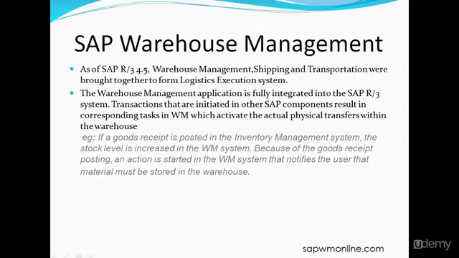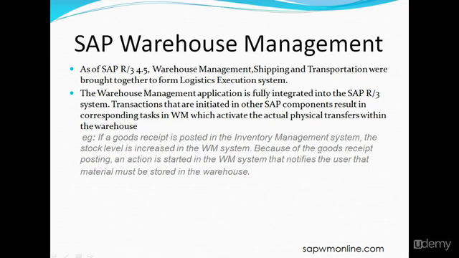The warehouse management application is fully integrated into the SAP R3 system. The transactions that are initiated in other SAP components result in corresponding tasks in WM, which activate the actual physical transfer within the warehouse. So for example, if a goods receipt is posted in inventory management system, the stock level is increased in the WM system.